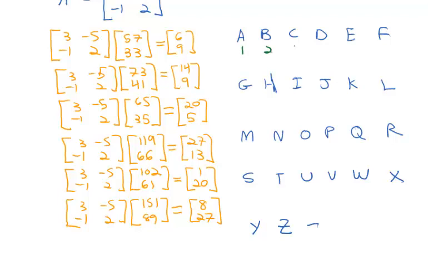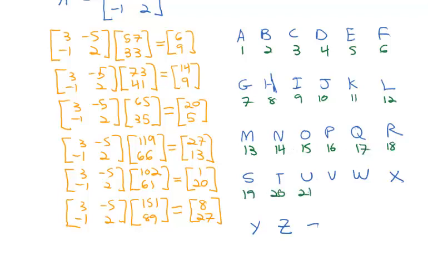And we just numbered them 1, 2, 3, 4, 5, 6, 7, 8, 9, 10, 11, 12, 13, 14, 15, 16, 17, 18, 19, 20, 21, 22, 23, 24, 25, 26, and 27.